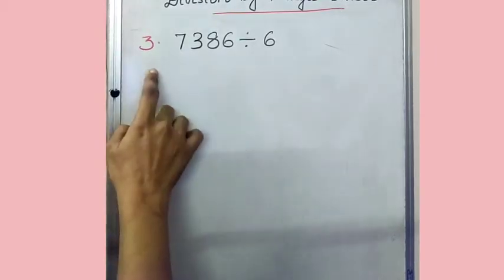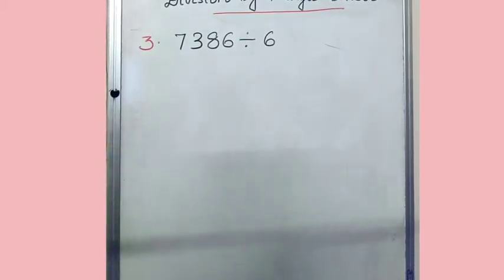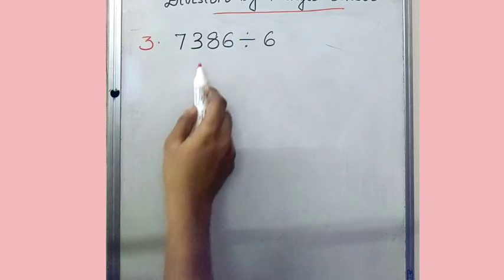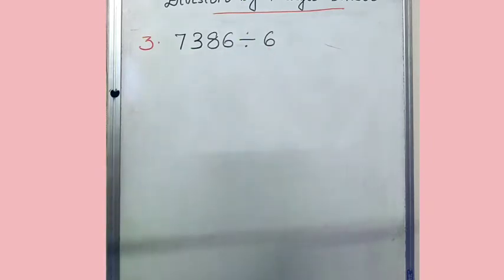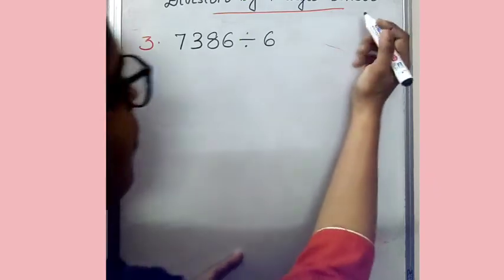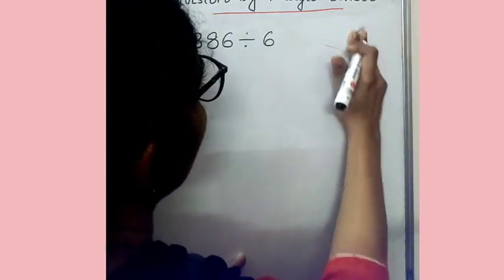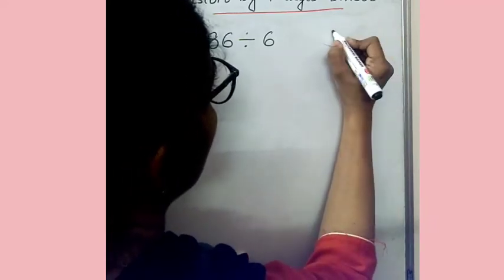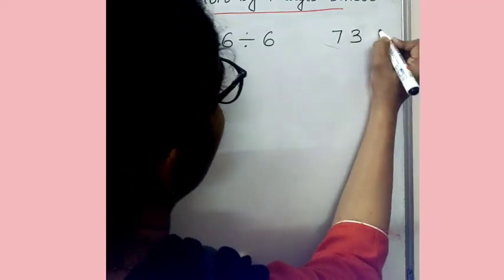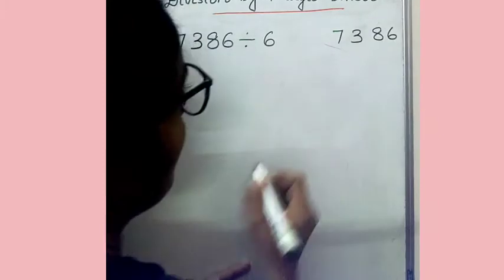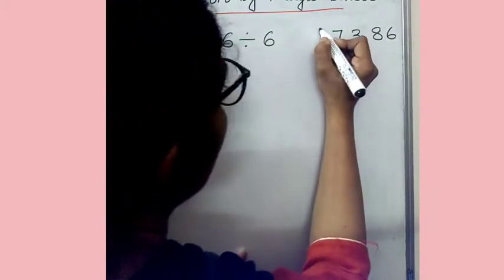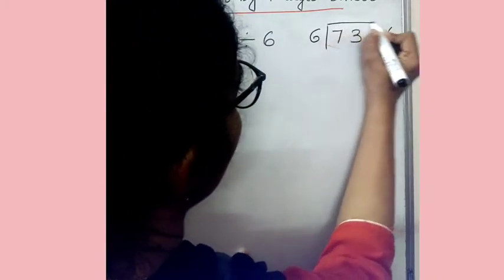All of you look at the third question. 7386 divided by 6. For this, you have to write down this dividend in the working column. 7386 inside and 6 outside.